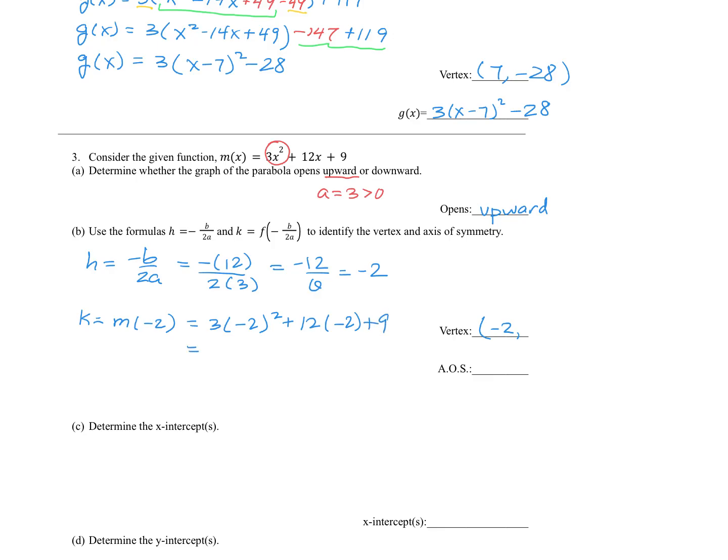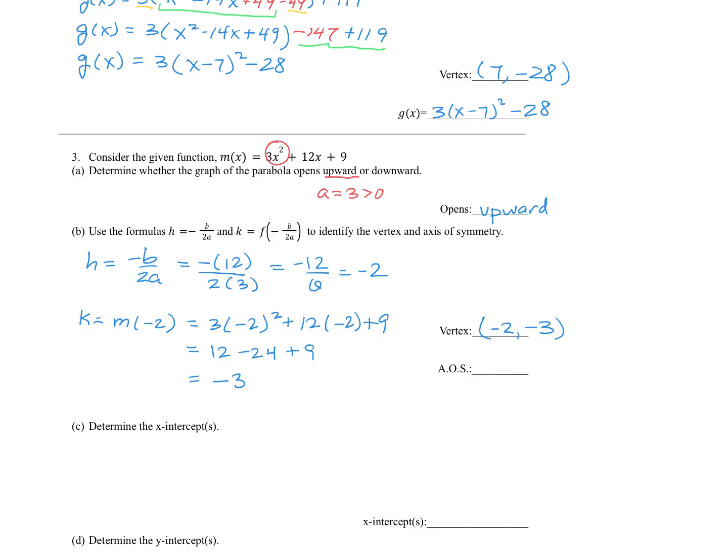Again, following the order of operations, we square first to get 4, and that makes it 12 minus 24 plus 9. So that's 9 minus 12, which is a negative 3.